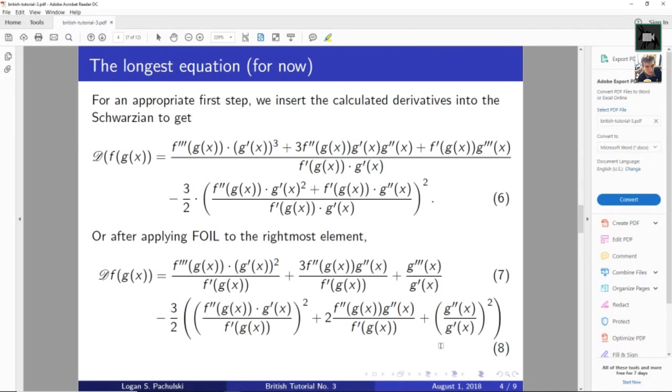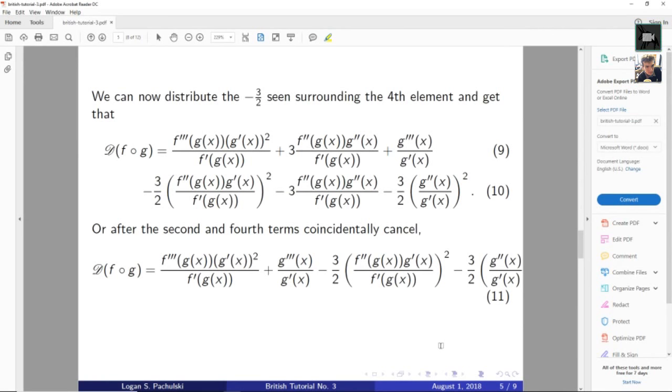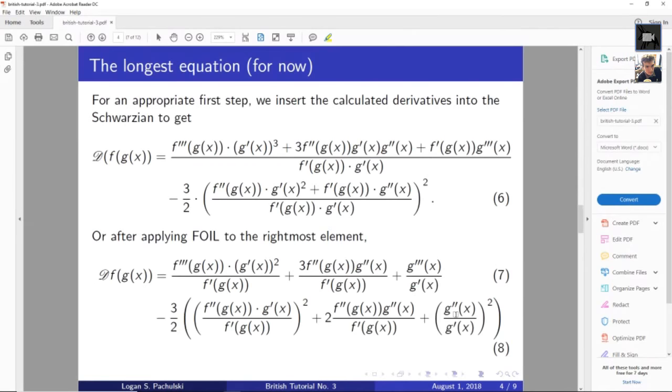All right. Next up, we're going to be distributing this negative 3 over 2. We're going to distribute this negative 3 over 2, and quickly comment here that we see that this middle term has a 2 in front.